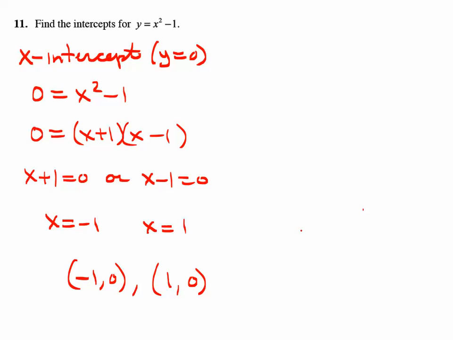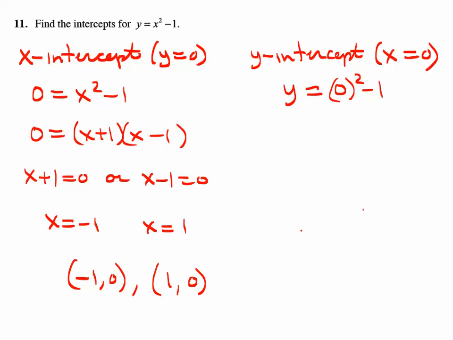Alright, going on to the other one here, y-intercept. Plug a 0 in for the x. That was a little easier. And let's see, 0 goes in for the x.